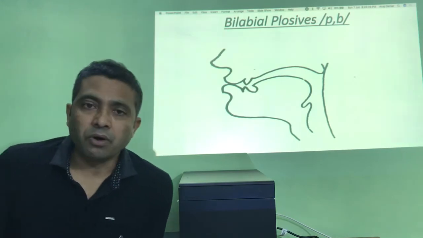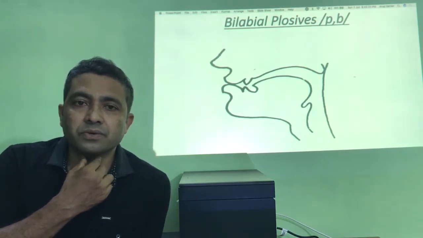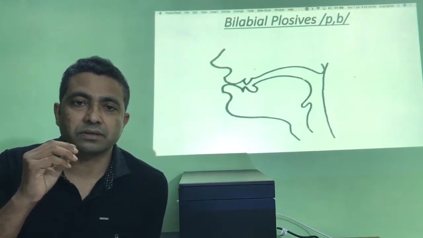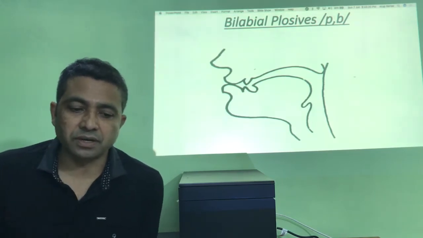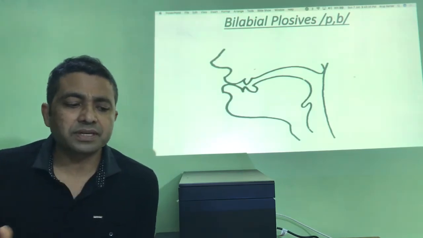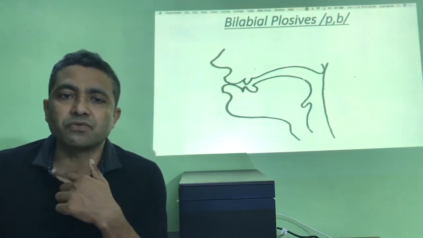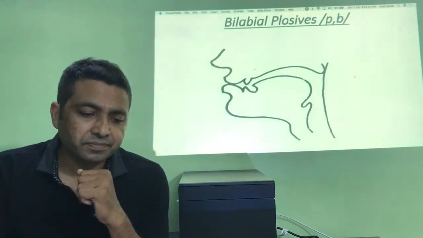But for /b/, there is voicing, because the glottis is narrowed, and when the air comes through the vocal cords, there is a voiced sound. Otherwise, place and manner are almost similar. Only voicing and non-voicing differ. That's the difference. /p/ and /b/, bilabial plosives.